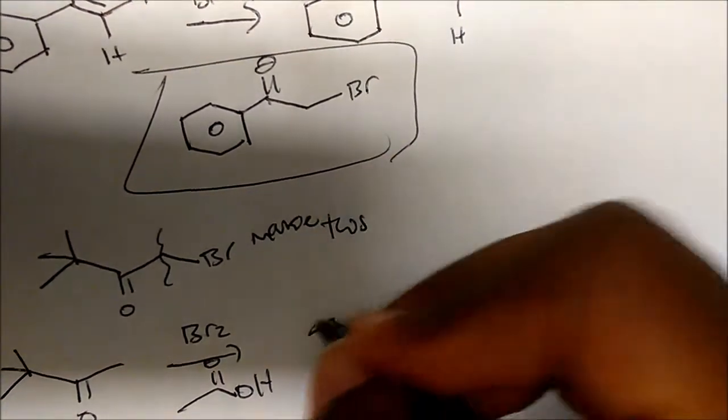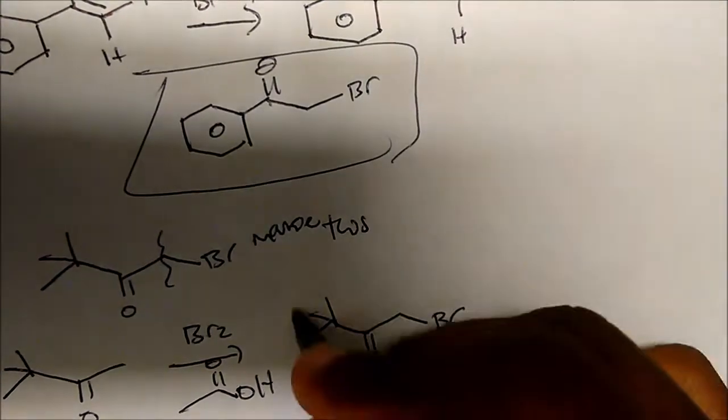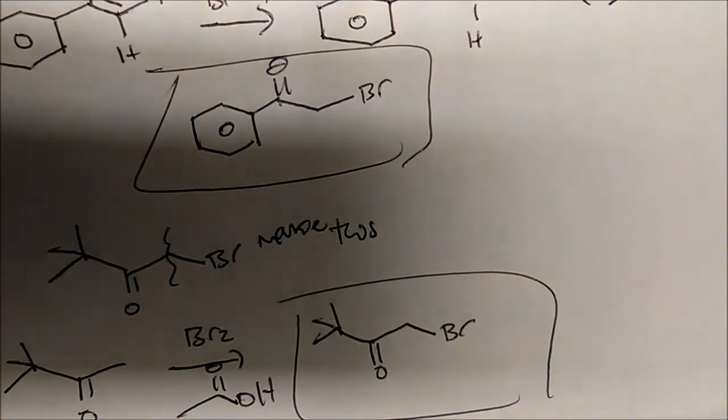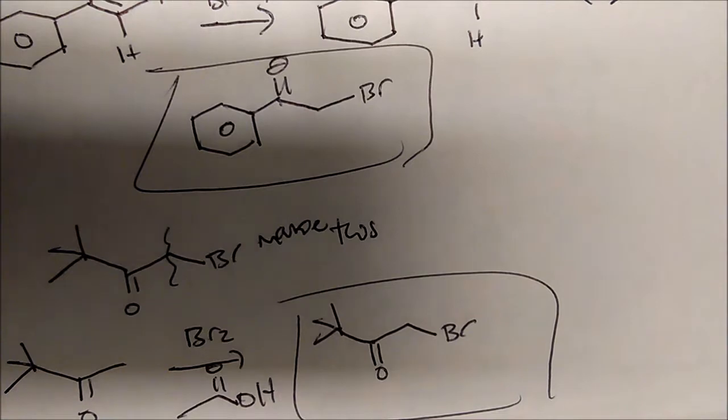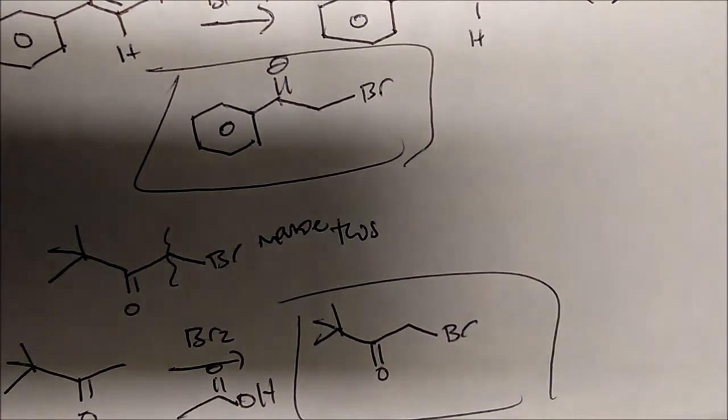There's my bromine, and there's our group. So if you want to get the halogen added onto the methyl ketone, then we just use some sort of halogen, I2 or Cl2, in acetic acid, and we'll get the desired product.